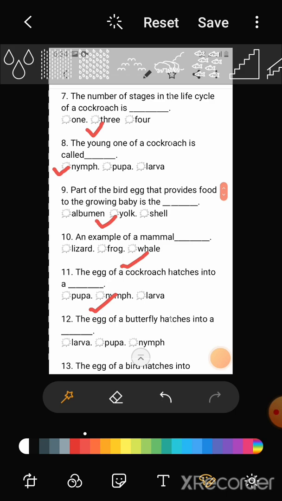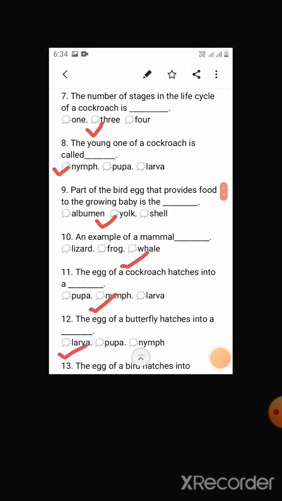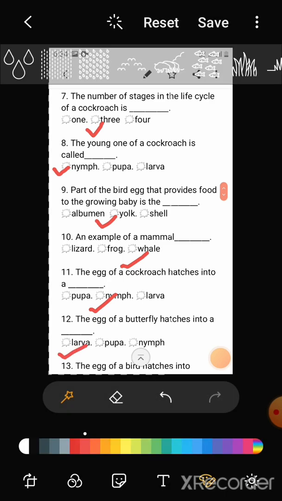The egg of a butterfly hatches into a dash. Given options are larva, pupa, and nymph. And the correct answer is larva. The egg of a butterfly hatches into a larva.